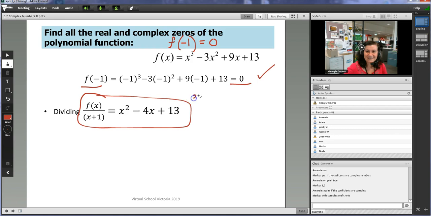So basically you set out a long division. Do you know how to do this? We've done this before. x cubed minus 3x squared, 9x plus 13. Have you done this in methods?